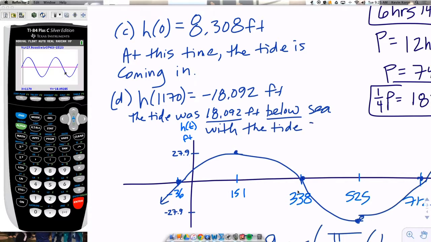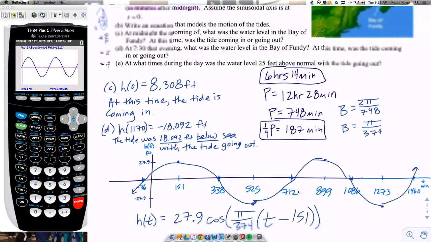Going out. So that was the ebb tide. So those types of questions, pretty easy. If you get a negative number, I might ask you to interpret it. In this case, it would just be below sea level by that positive amount.